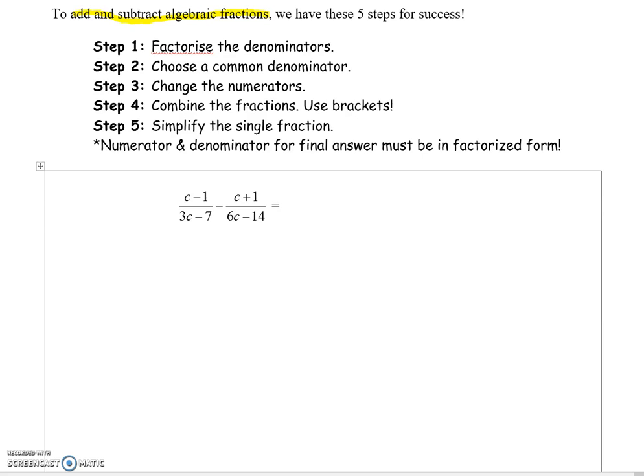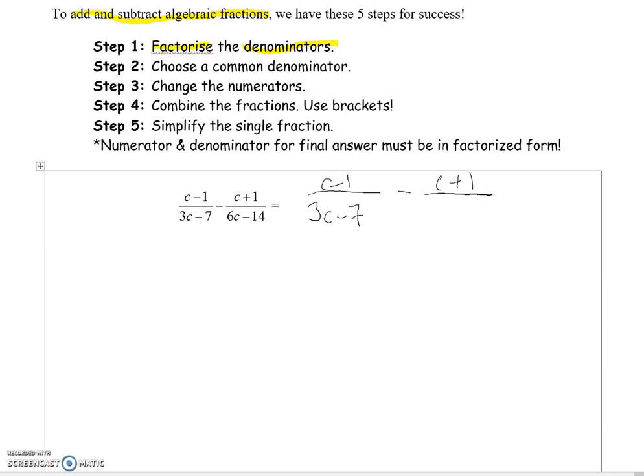So from step 1, we need to factorize the denominators. Looking at the denominators, we notice that the denominator for the first fraction is completely factorized. However, the denominator for the second fraction, 6c minus 14, can be factorized further by taking out a common factor 2. So the first fraction stays as c minus 1 over 3c minus 7, minus c plus 1.